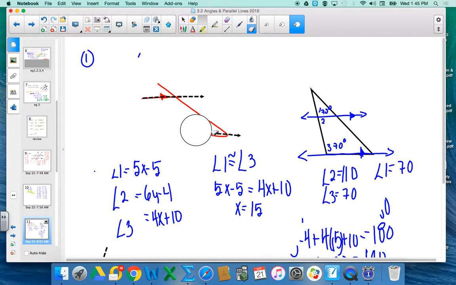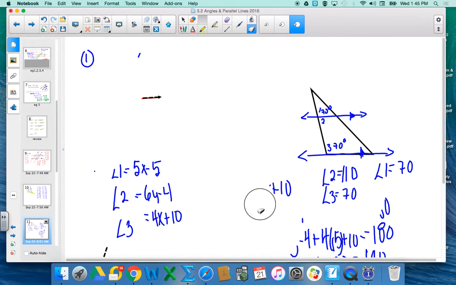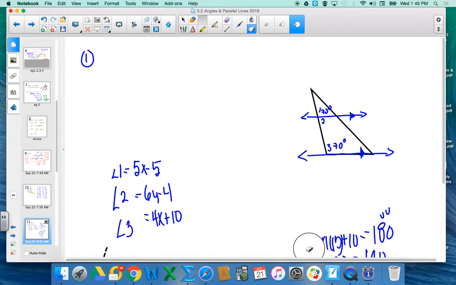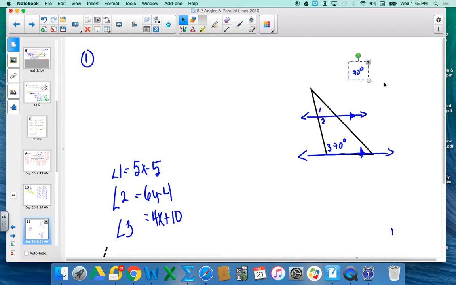Now, I've drawn a better version of this over here. So we got this triangle going on. And this might be a homework exercise. I just don't remember which one it is. It may be number 1. It may not be. Okay. All right.